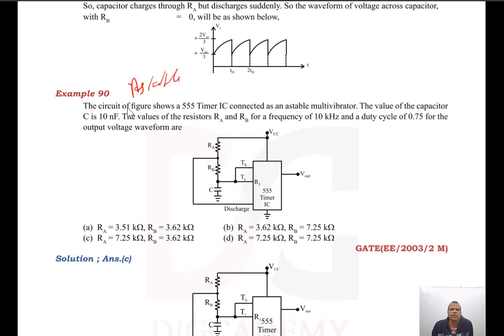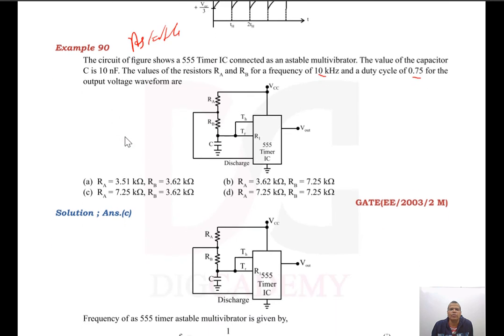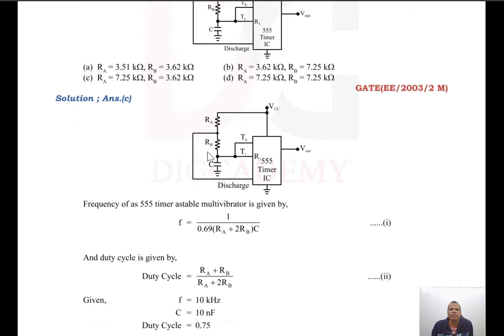The circuit of the figure shows a 555 timer IC connected as an astable multivibrator. The value of the capacitor C is 10 nanofarad. Find the values of RA and RB for a frequency of 10 kilohertz and duty cycle of 0.75 for the output voltage waveform.